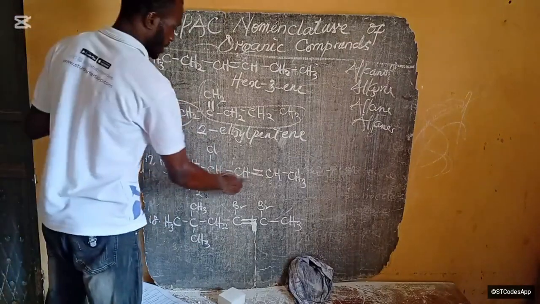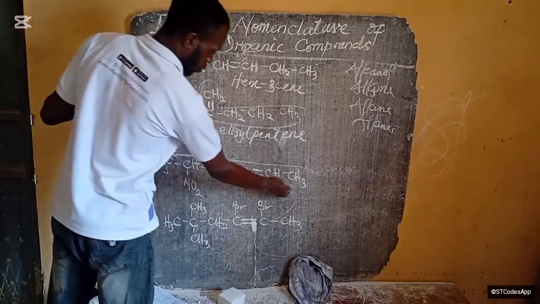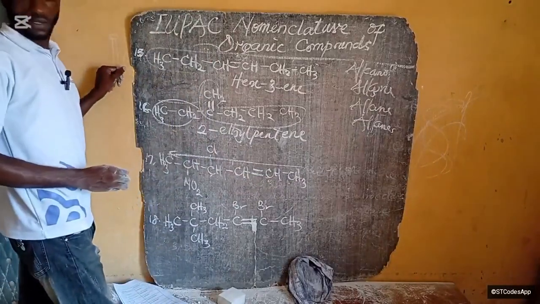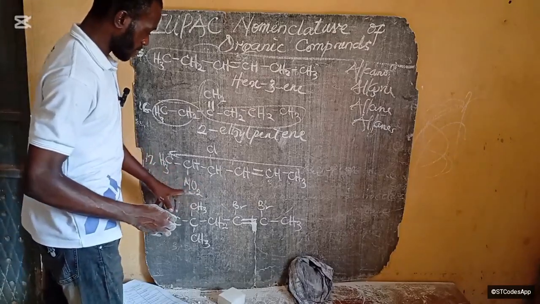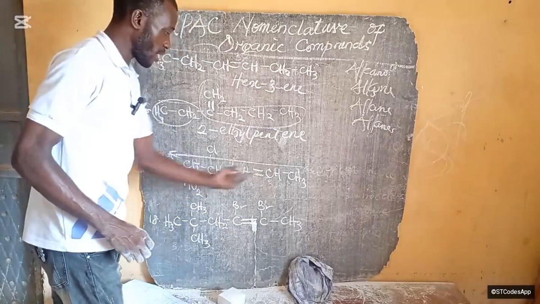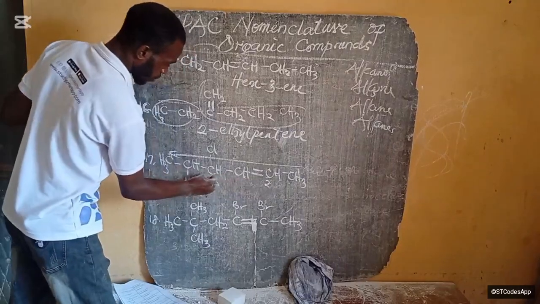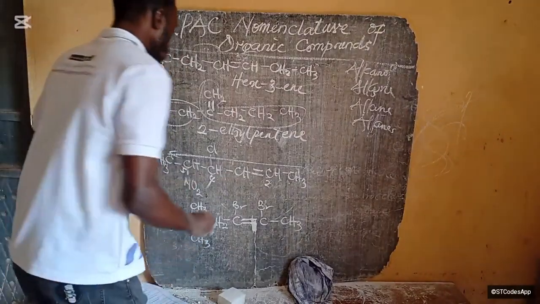Now look at this. There's also a double bond here. So we're going to number in this direction. Is that okay? So we have 1, 2, 3, 4, 5, 6: 6 carbons. So 6 carbons, that's going to be hex. And our double bond is on carbon 2. Our substituents are going to be on carbon 4 and 5. So we have 4-chloro, 5-nitro.